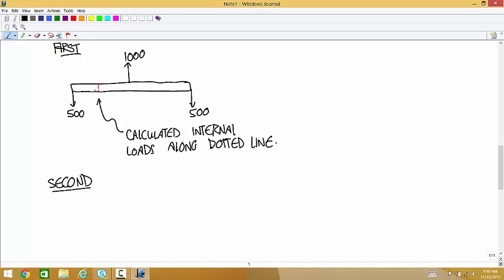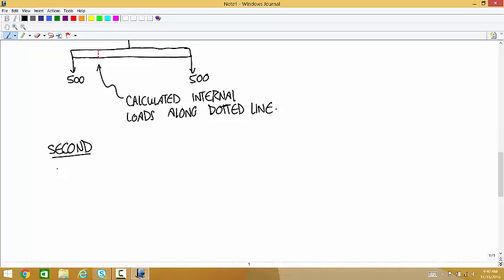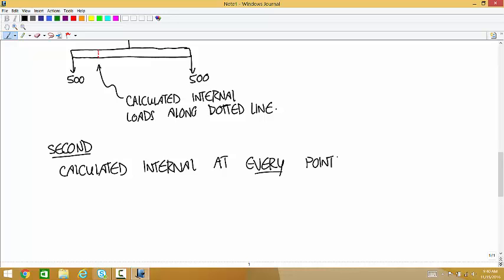We wanted to be able to calculate the internal loads at any point. And so we came up with an approach where we could calculate the internal loads at every point along the beam.